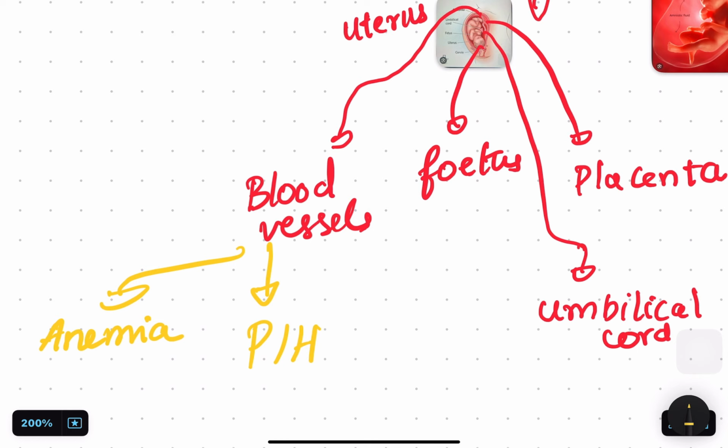And if it causes a hyperdynamic state, or if the mother is a known case of heart disease, then heart related issues like MS or MR are common. Correct? See how we are going to extrapolate. If you stay with me for the entire video, I'm sure you will know what happens in OBS. Okay, this is something to do with blood vessels.